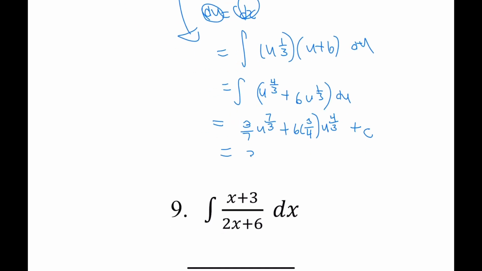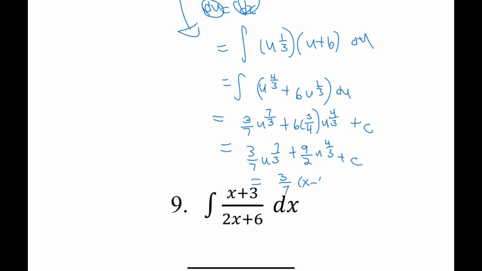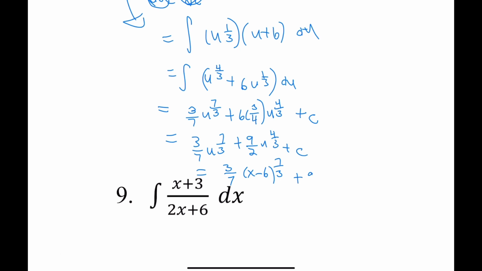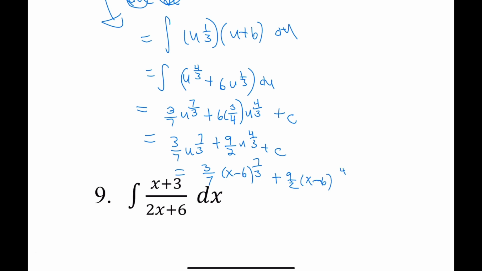Okay, so this gives us 3 over 7 u to the 7 over 3 plus 9 over 2 u to the 4 over 3 plus c, or 3 over 7 times x minus 6 to the 7 over 3, plus 9 over 2 times x minus 6 to the power of 4 over 3 plus c. So this would be our answer.